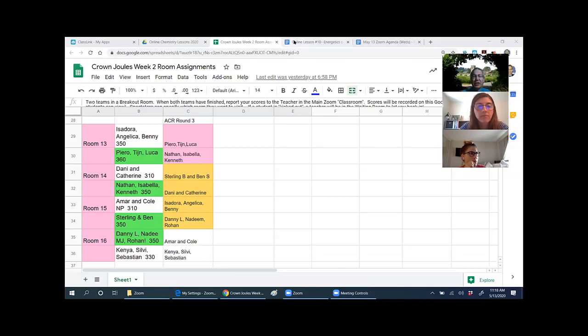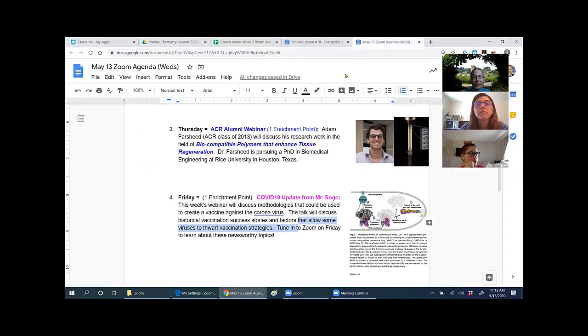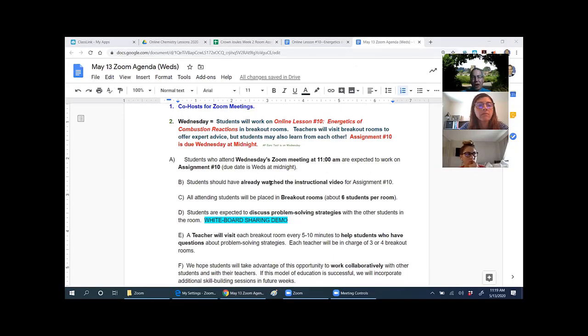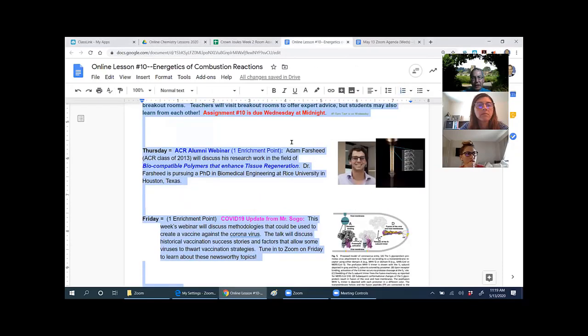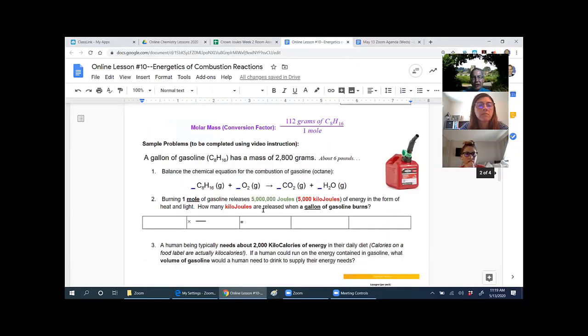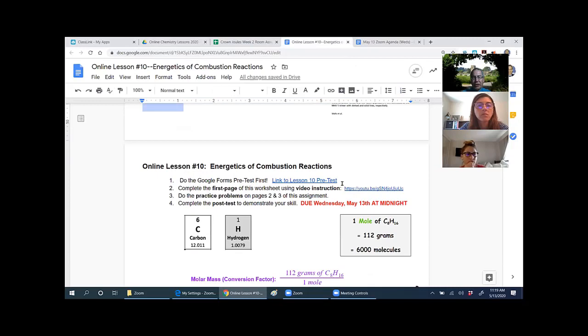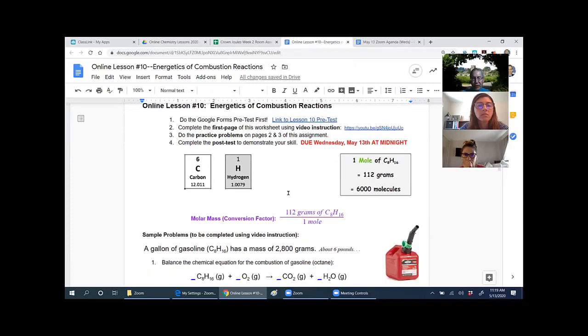Let's go back to the instructions. The instructions are: start with the video. It's on assignment 10. It's right there, video instructions. Start with the video. Then try to work on the problems collaboratively.